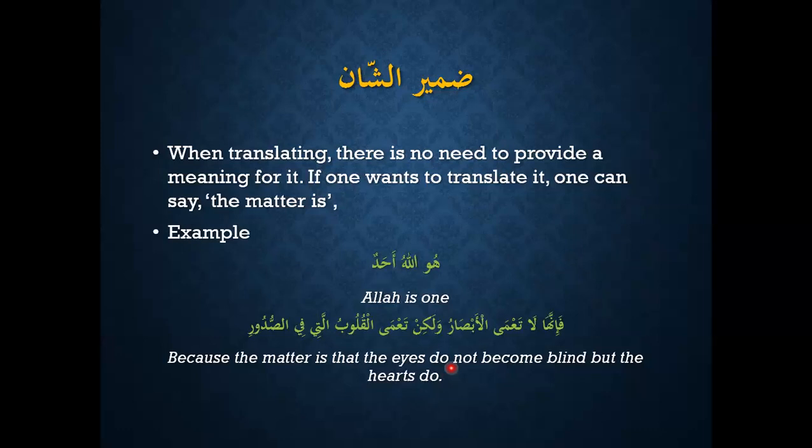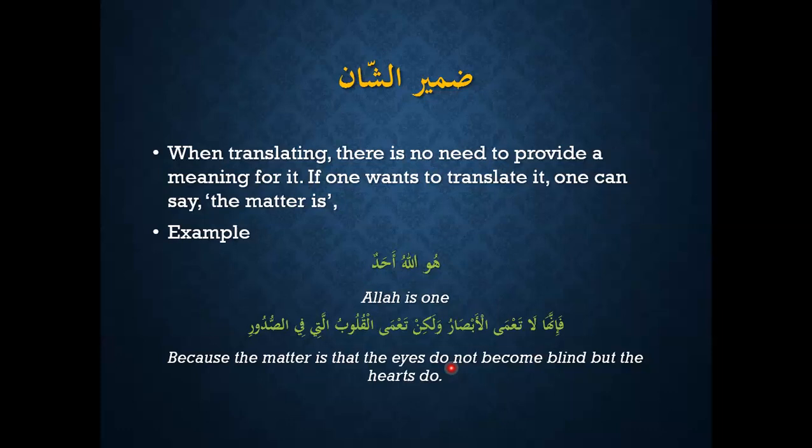This Huwa at the beginning is putting some extra emphasis and beautifying the sentence. So the shan is, the matter is, the reality is, the fact is that Allah is one. That's how you translate if you wanted to. Or you just say Allah is one. Huwa Allahu Ahad. Or you could just say Allahu Ahad, obviously not in Quran, but generally you can convey the meaning by saying Allahu Ahad.